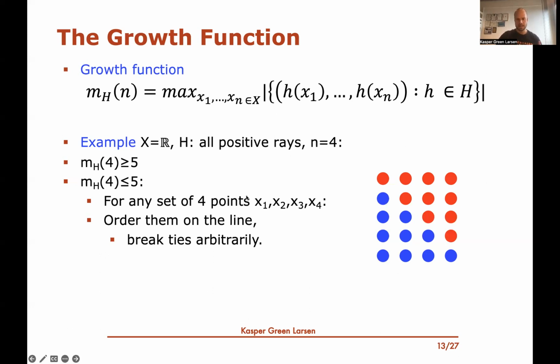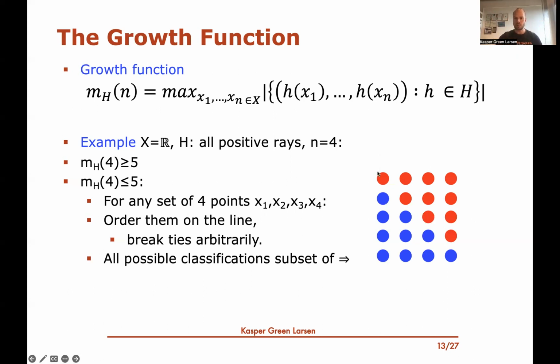So as an argument for this, you give me 4 points. Now order those 4 points arbitrarily on the line. You can order them on the line in increasing value and break ties arbitrarily. And then it's not very hard to convince oneself that any possible labeling I can create on those 4 points is going to be one of those over here, right? Where the columns here correspond to those 4 points in the sorted order on the line.